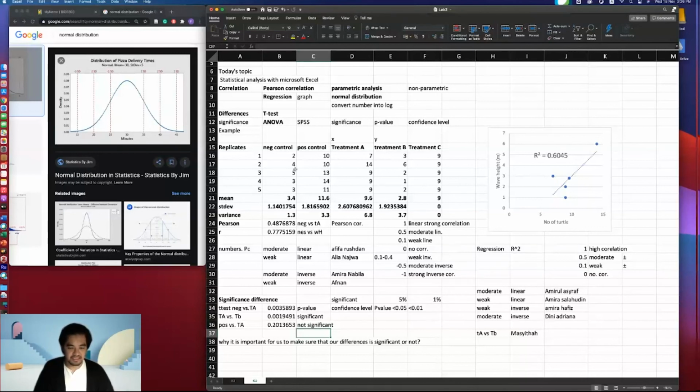In this system, for example, between positive control and treatment A, there is a difference between the mean of 11.6 and the sample of 9.6, but the difference is not significant. Okay, that's fine. It does not only happen because of your sampling. It happened by chance, luck that you got a difference in mean. In this system, positive control and treatment A are not significant.